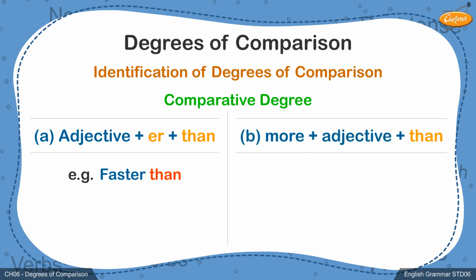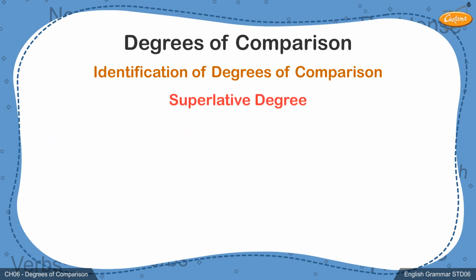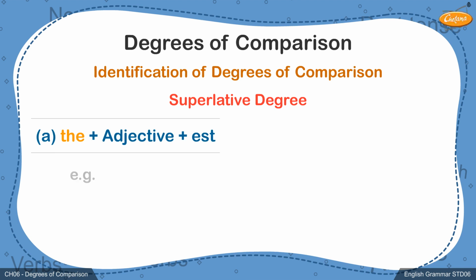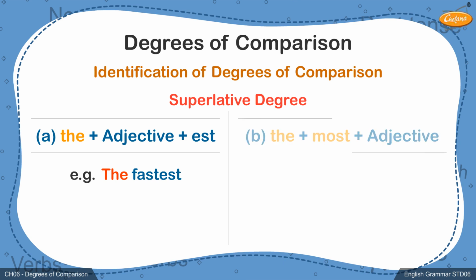B. More plus adjective plus than. More honest than. Superlative degree is denoted by A. The plus adjective plus est. Example, the fastest. B. The plus most plus adjective. The most honest.